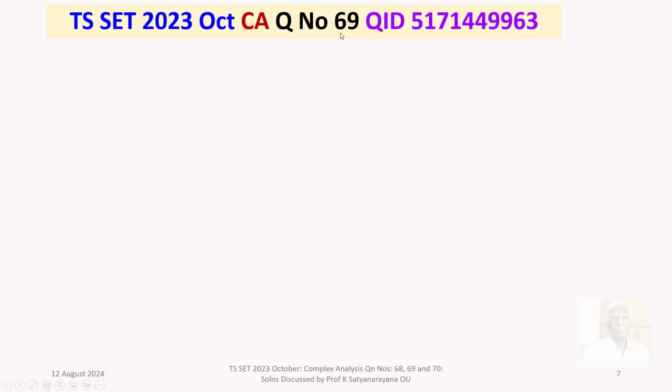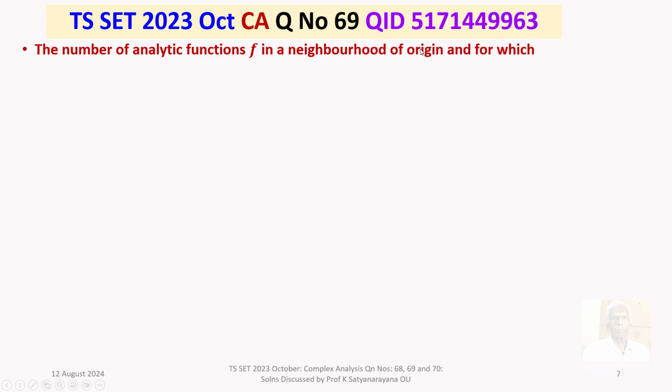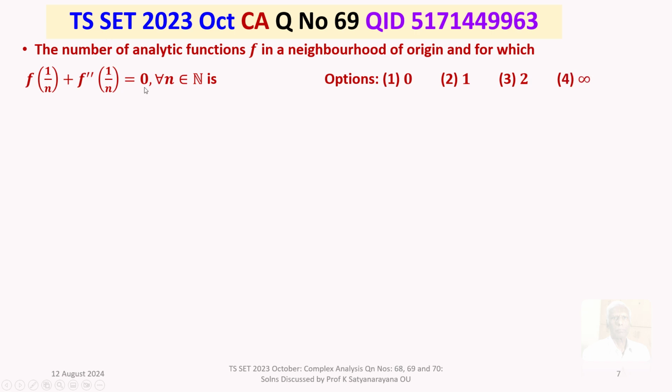Question number 69 with this ID. The given question is: the number of analytic functions f in a neighborhood of origin for which f at 1 by n plus f double prime at 1 by n is 0 for all n belongs to the set of natural numbers is, we are given 4 options.